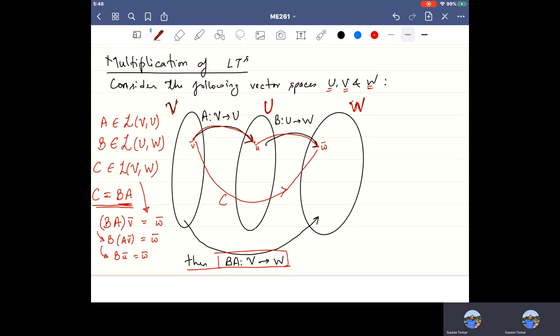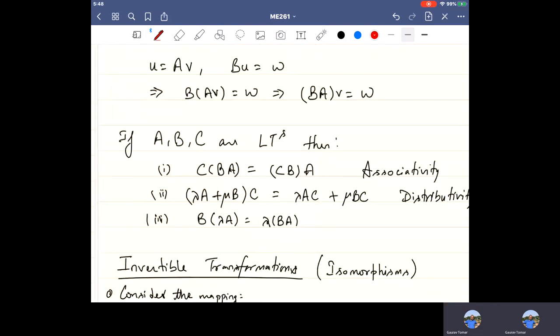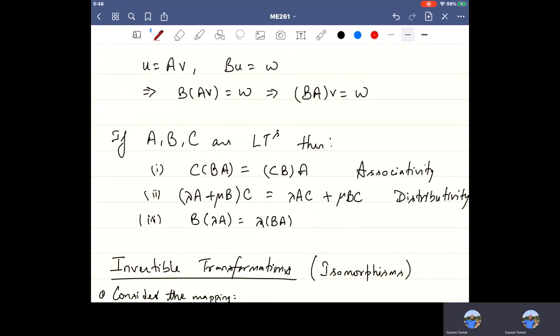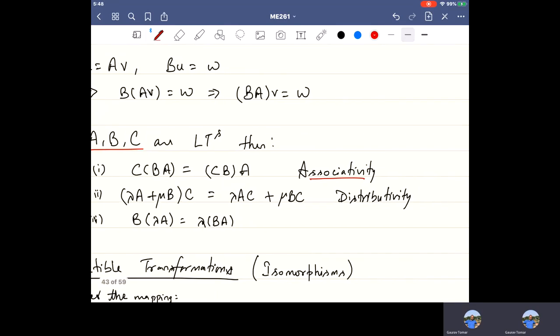Now, if we have three linear transformations, let's say A, B, C, then they will satisfy the associativity property. To explain this, I'll look at the transformations in this fashion. Let's say this is the V vector space, this is the U vector space, this is the W vector space, and let's say we define one more.